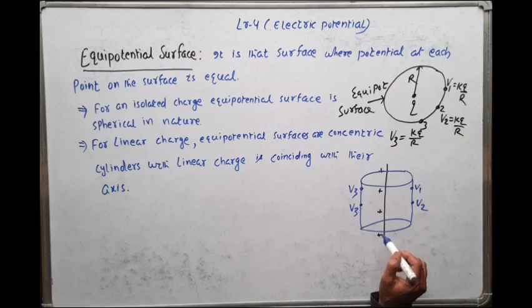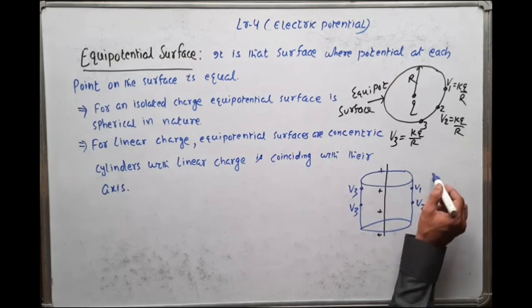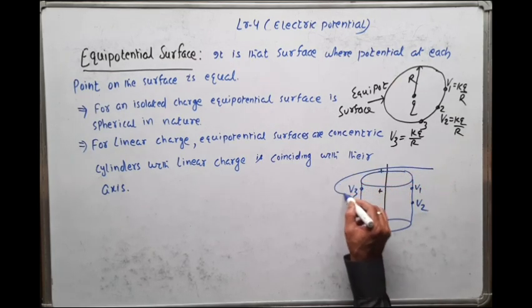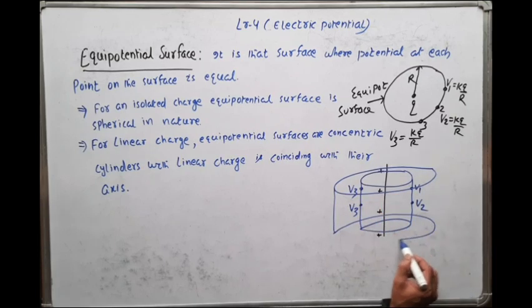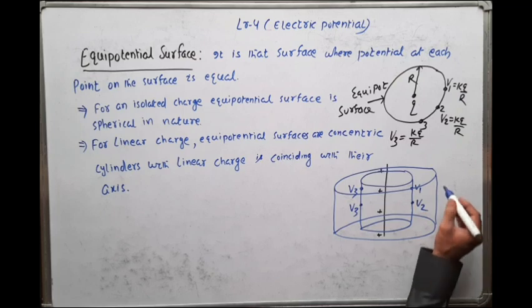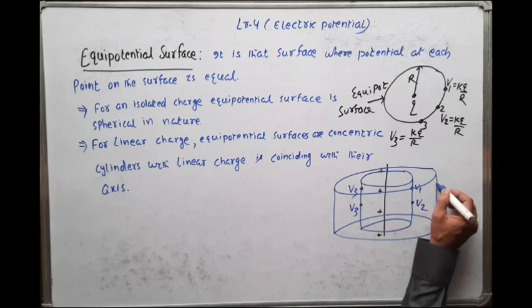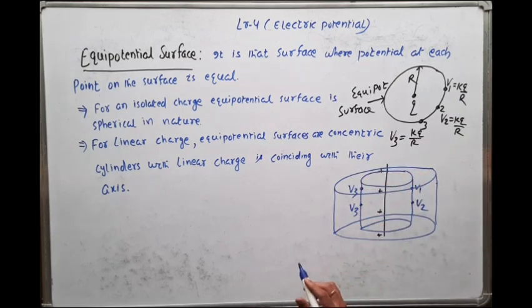Linear charge conductor. If I take another concentric cylinder, concentric means their axes are same, then this second cylindrical surface is also an equipotential surface.